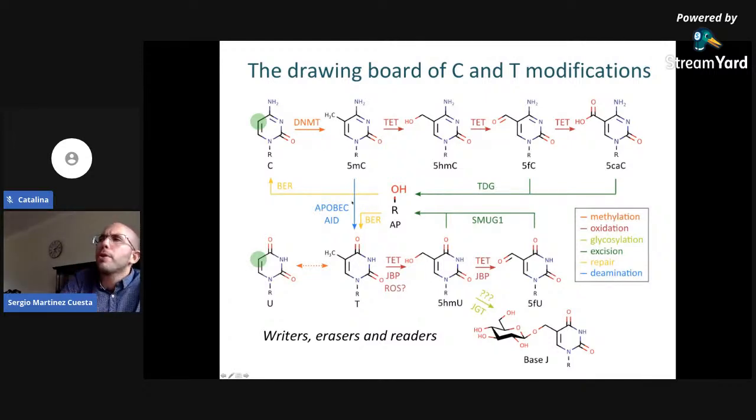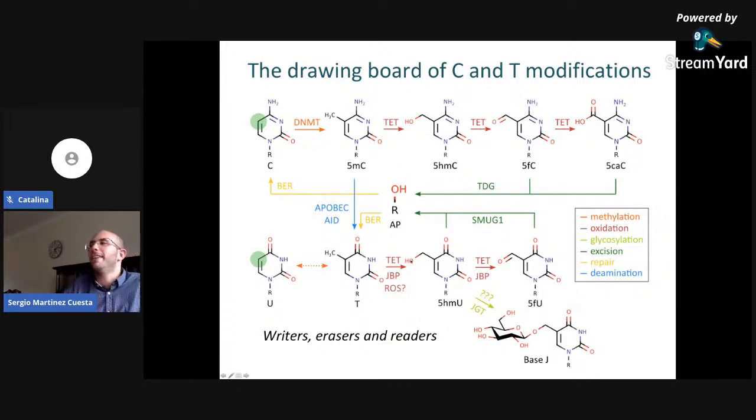So you also have a family of enzymes that, if you like, go across pathways. These are known as the deaminases. For example, APOBEC or AID catalyze the conversion of 5-methylcytosine into thymine, okay? And then you have other more exotic modifications, for example this JGT, where it takes this modification and adds a glucose molecule, a sugar molecule, there.